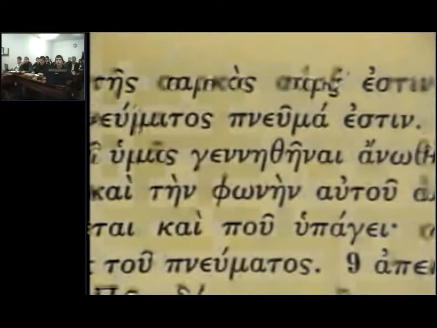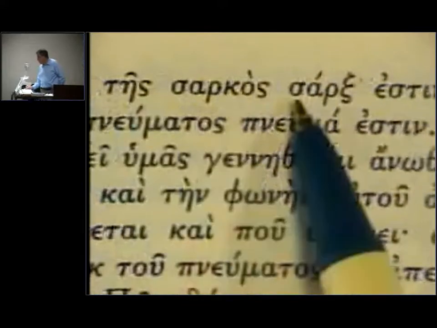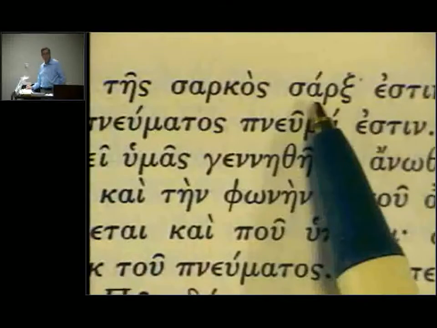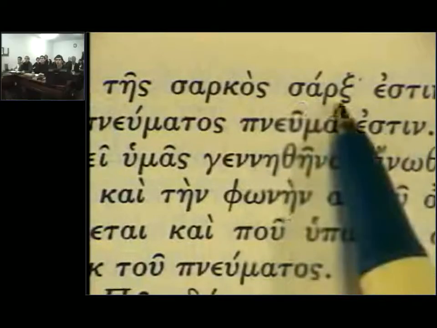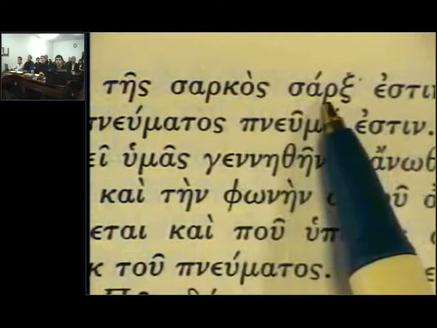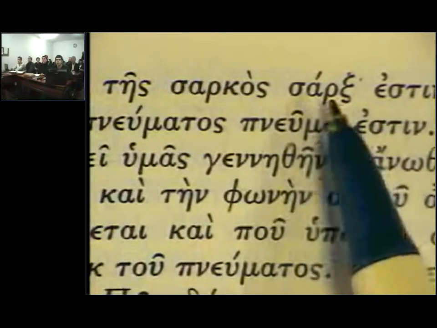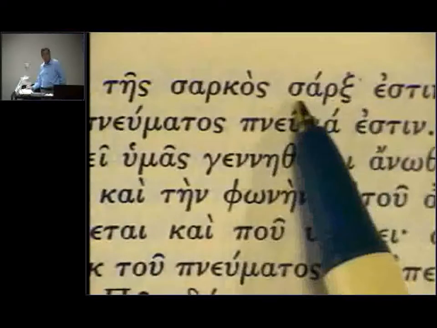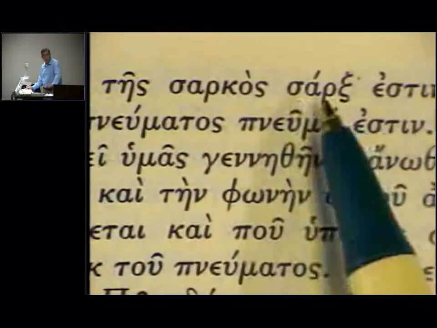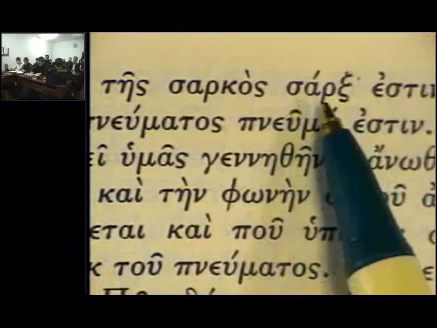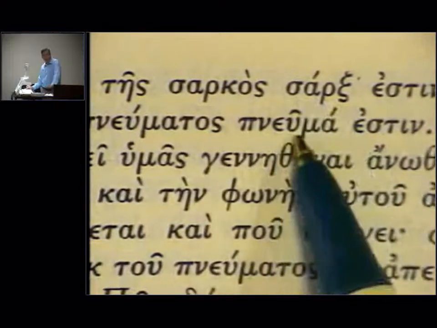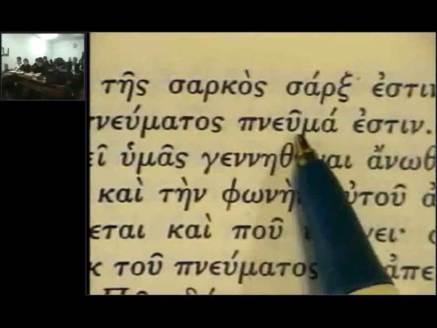Okay, up here in verse 6 we have the word, let's see if somebody can pronounce this. Sarx. Good. That is the word for flesh. But here's pneuma. This is the word for spirit.